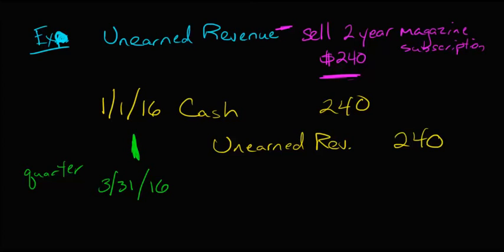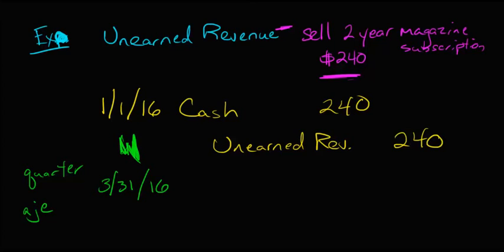This was a 2-year subscription, so that's 24 months, and 3 of those 24 months have gone by. So now we have delivered 3 months of magazines, and we can start recognizing that some of this unearned revenue has become earned. We're coming out with our quarterly report, and we want to make an adjusting journal entry to reflect these 3 months.